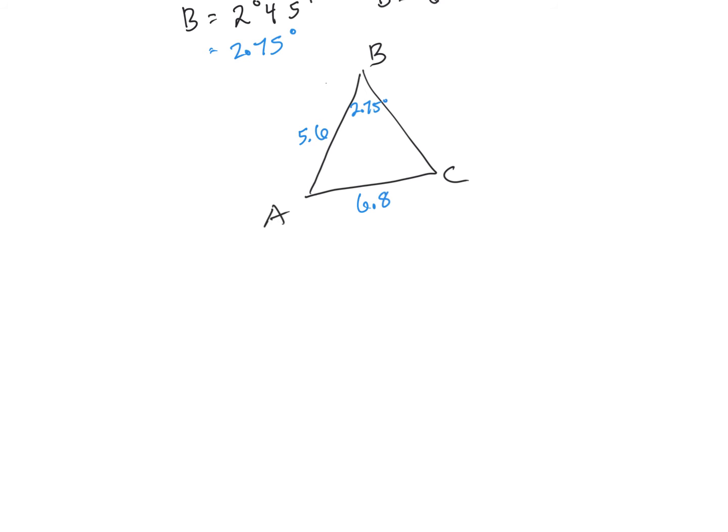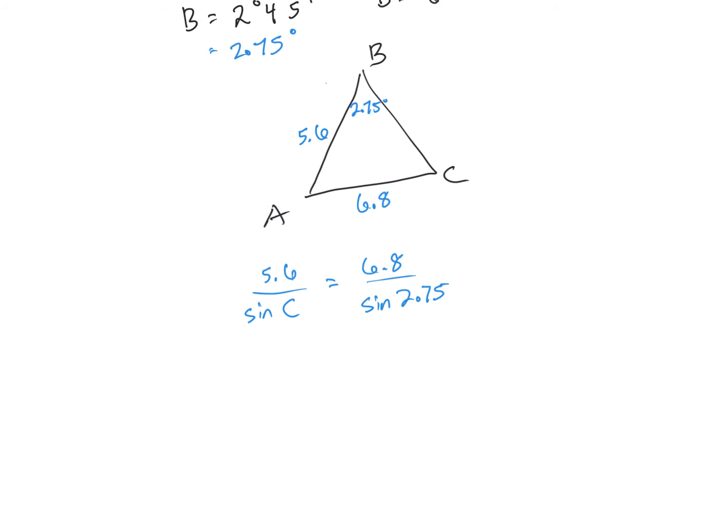Let's find angle C. Remember, side C, so that's 5.6, over sine of C, which I don't know, is equal to B, which is 6.8, over sine of B, which is 2.75 degrees.